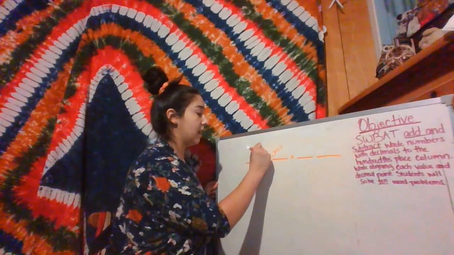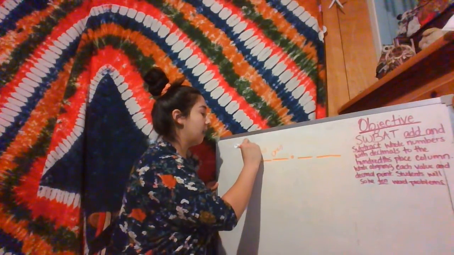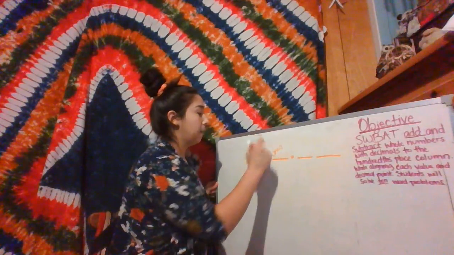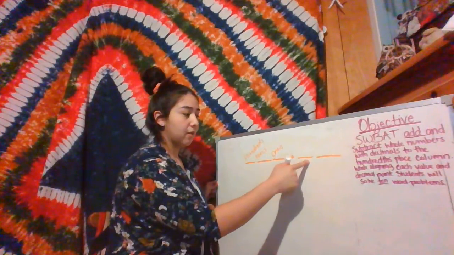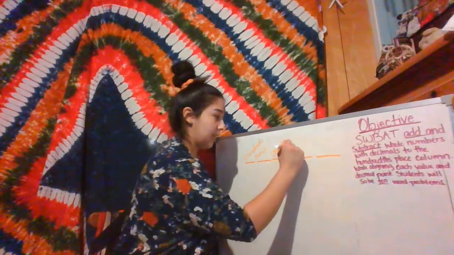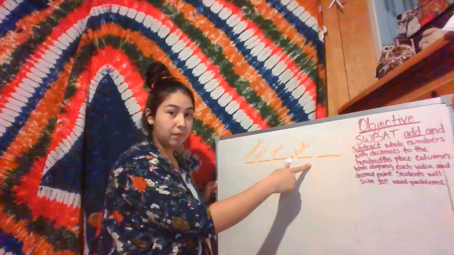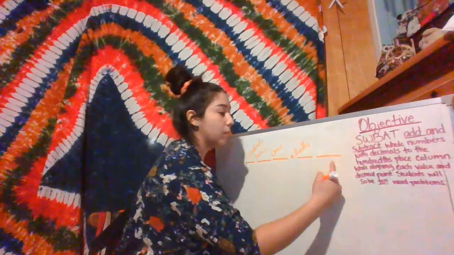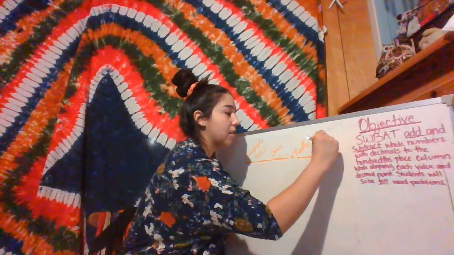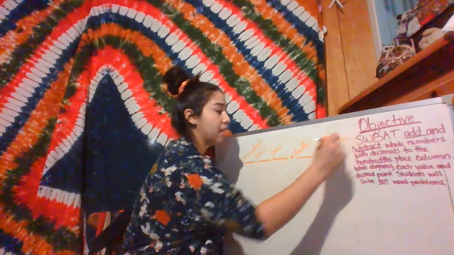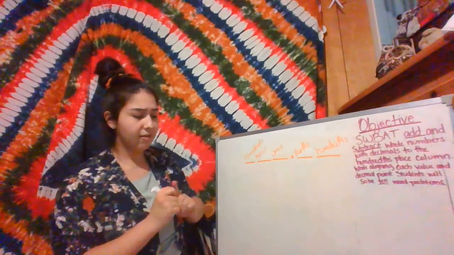Tenths, and after the tenths, hundredths. And what did we learn yesterday after the decimal? The tenths. Now, after the tenths, we're going to have the hundredths. That's right, the hundredths after the tenths.